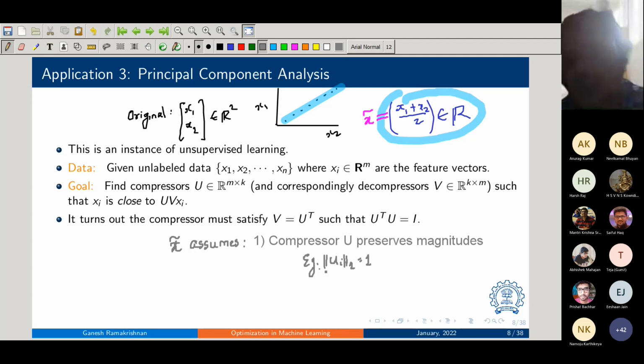It's a manifestation of that. It preserves magnitude or has bounded magnitude. That's good enough, right? Has bounded magnitude.